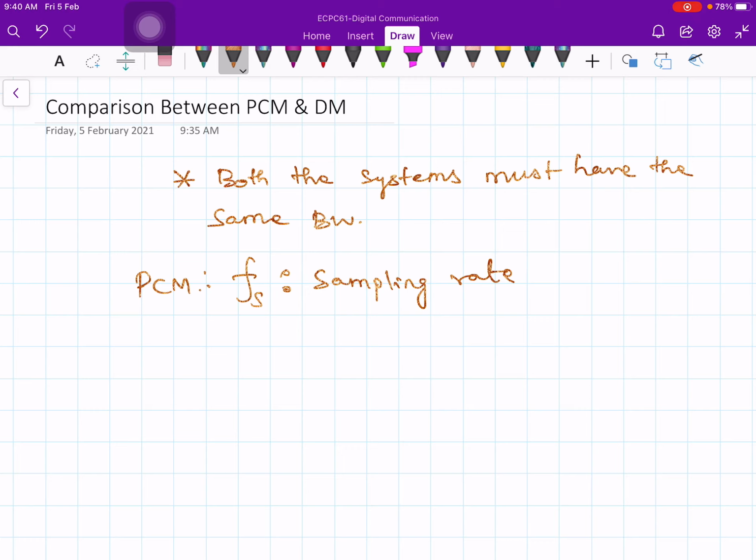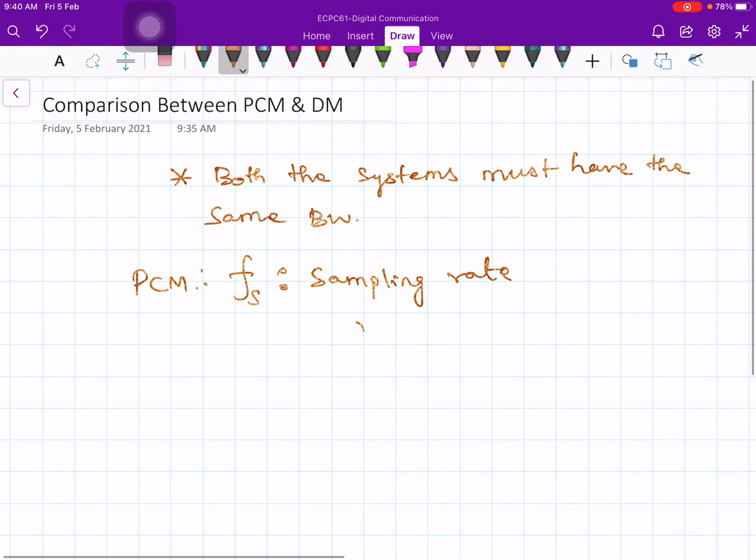And we know quite well how to select the sampling rate, right? The sampling rate depends entirely on the bandwidth of the signal, and it is governed by a criterion called the Nyquist theorem.